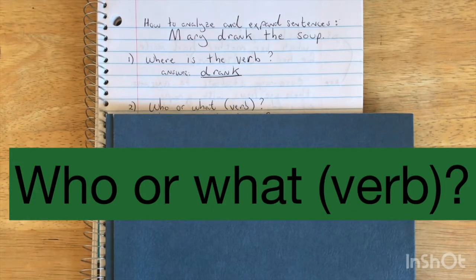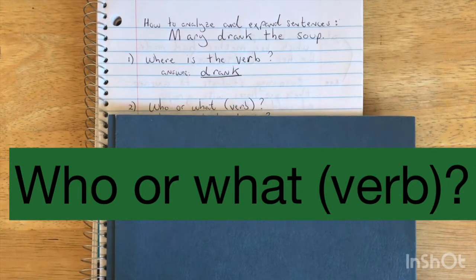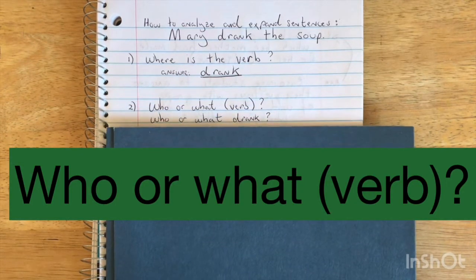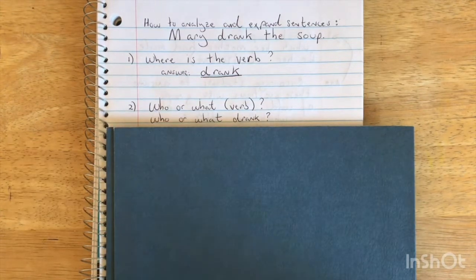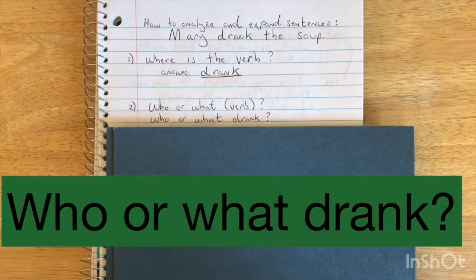So let's take a look at this, and since we know the verb, we're going to do something else that's really important here. We're going to write out who or what drank. So I'm going to substitute the word drank for the verb, and I write it directly underneath that question. I have who or what verb, then I have who or what drank.